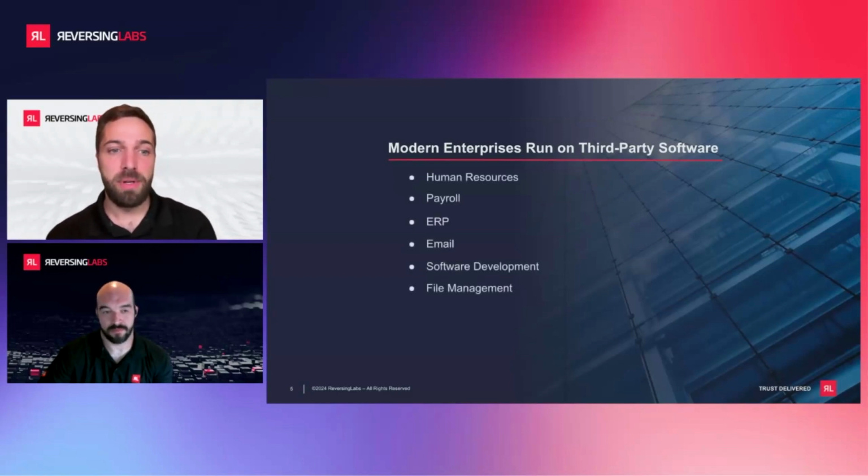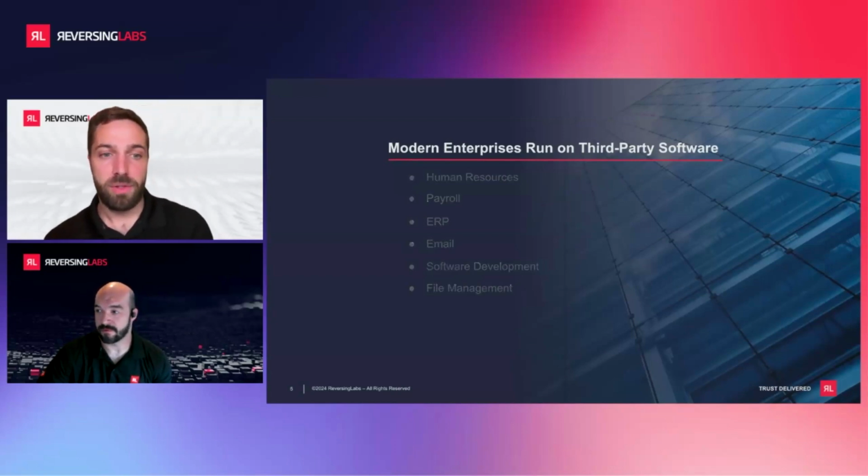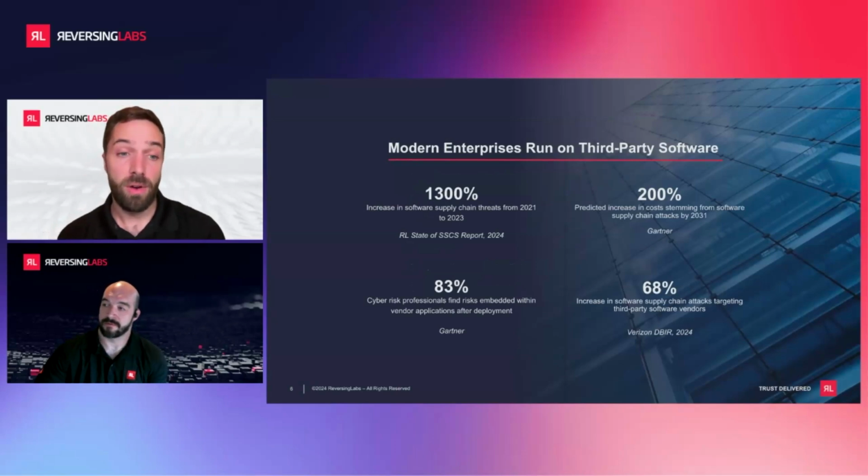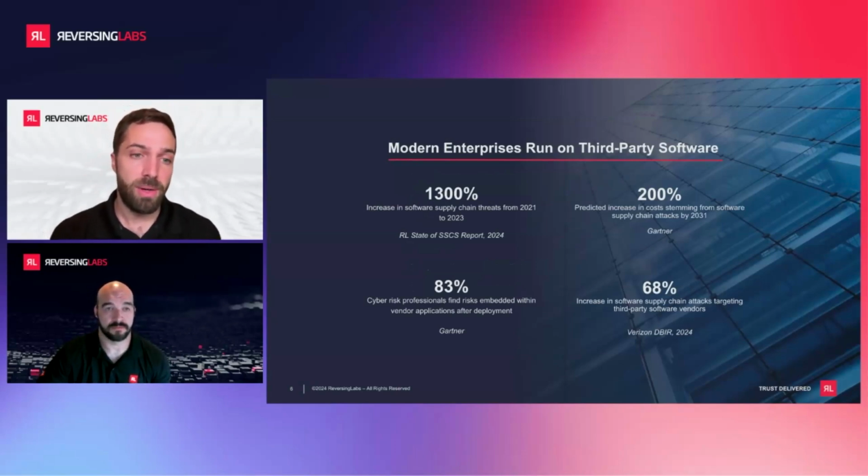I think it's pretty indicative of the challenges we see in some stats that we're about to put up here. The first one comes from our own State of SSCS report, which showed a 1,300% increase in software supply chain threats from 2021 to 2023.